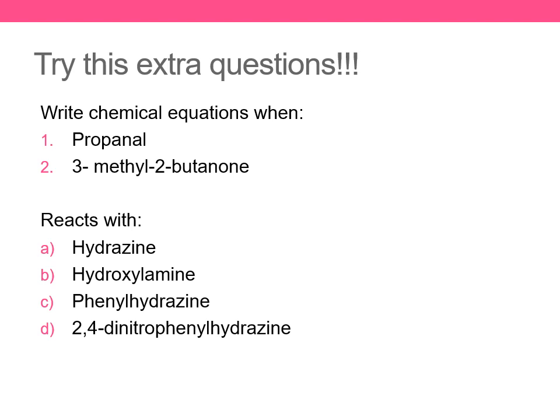Another 4 marks is when you write down the equation for the reaction of 3-methyl-2-butanone with hydrazine, hydroxylamine, phenylhydrazine, and 2,4-DNPH. Do this and you will pass this reaction smoothly.